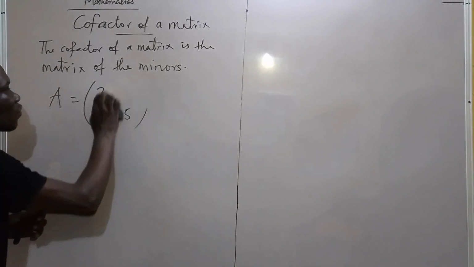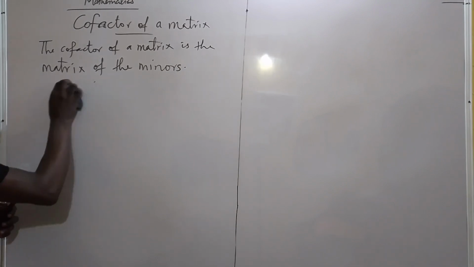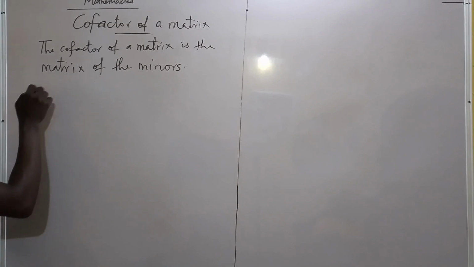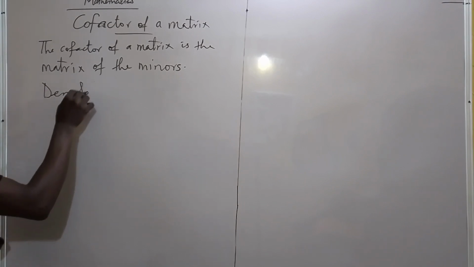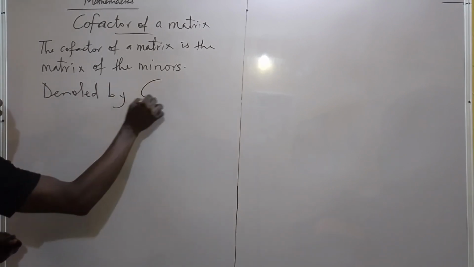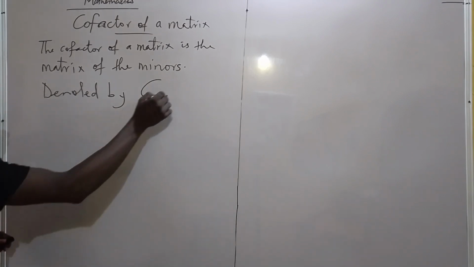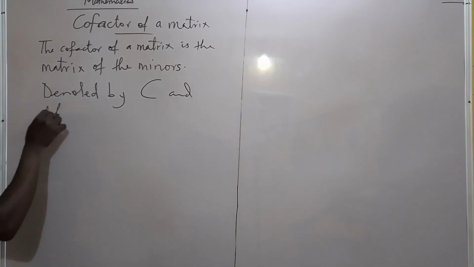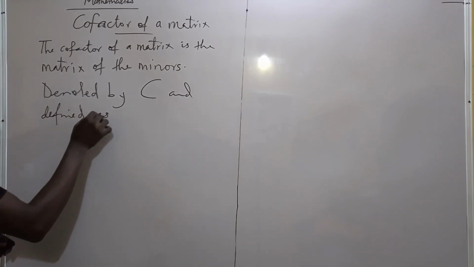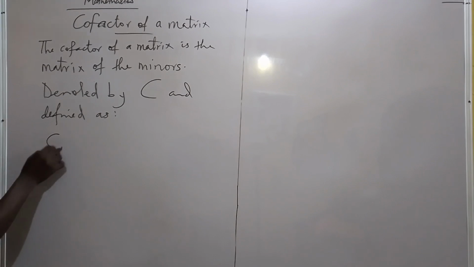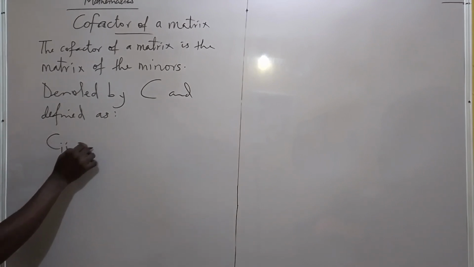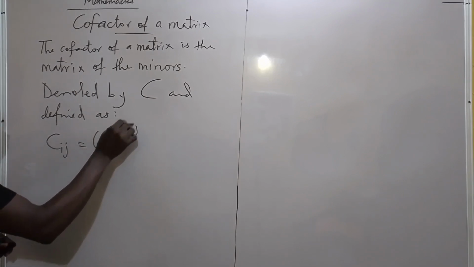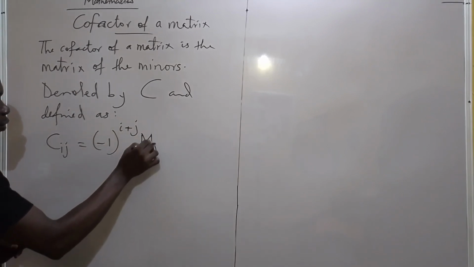The cofactor of a given matrix is denoted by the capital letter C and is defined as Cij equals minus 1 raised to power i plus j, times Mij.